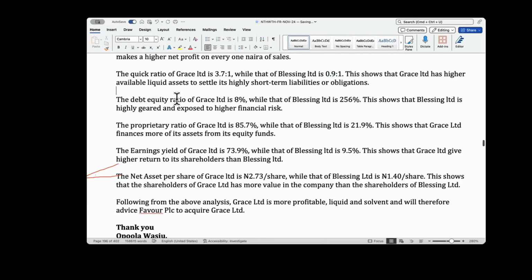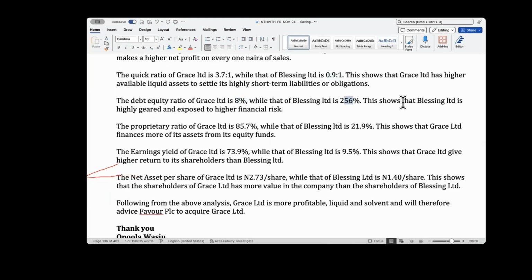Then the debt equity ratio of Grace is 8%, Blessing is 256%. This shows that Blessing is highly geared and exposed to higher financial risk. Then the proprietary ratio: Grace is 85.7%, Blessing is 21.9%. It shows that Grace finances more of its assets from its equity funds.